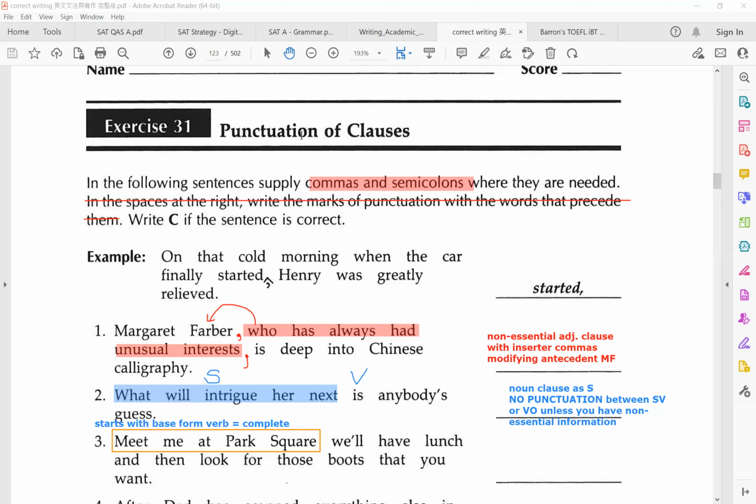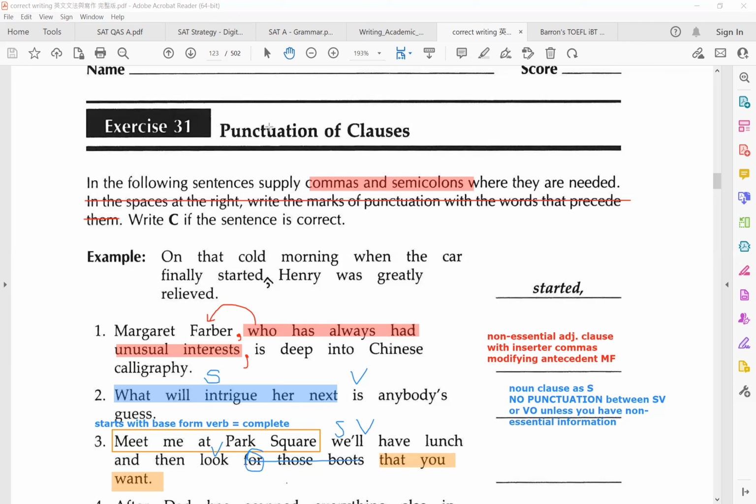And then afterwards, we see that, hey, we will have lunch and then look for those boots. Cross out prepositional phrase, and then I see that you want. So that you want is an essential adjective clause. So we shouldn't add any punctuation here. However, I have 2 complete sentences.